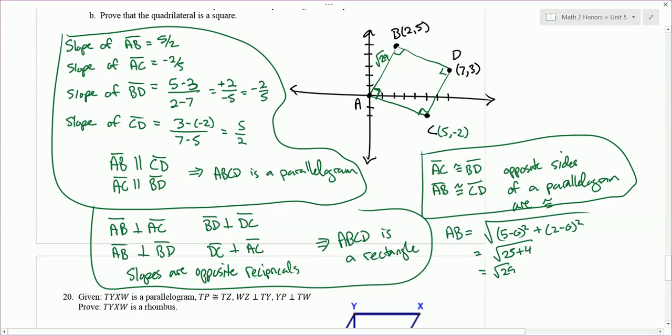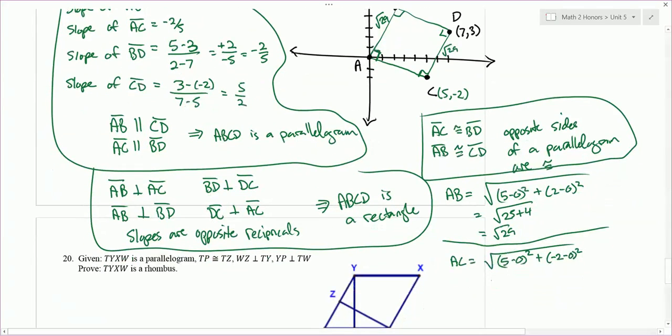Also, because it's a parallelogram, we know that CD is also the square root of 29. And now let's go after AC. AC is the square root of 5 minus 0 squared plus negative 2 minus 0 squared, which is the square root of 25 plus 4, which is the square root of 29.